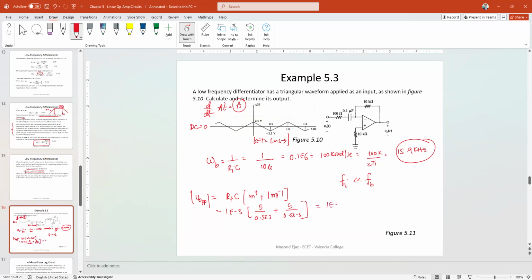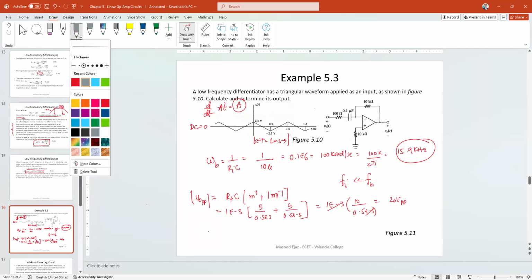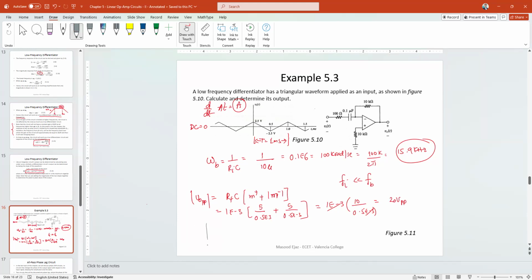So we're going to get 1 exponent -3 and 2 times 5, 10, over 0.5 exponent -3. The exponent 3 and exponent 3 cancel out, and that's going to be 20 volt peak to peak. So the output signal is going to be a square wave with peak value 10 and minimum value -10.